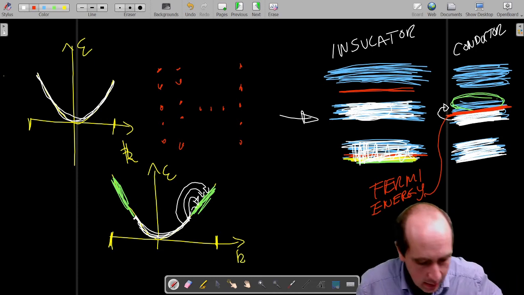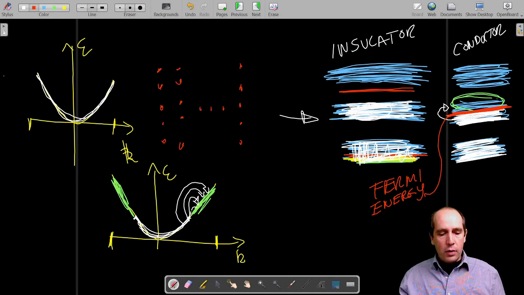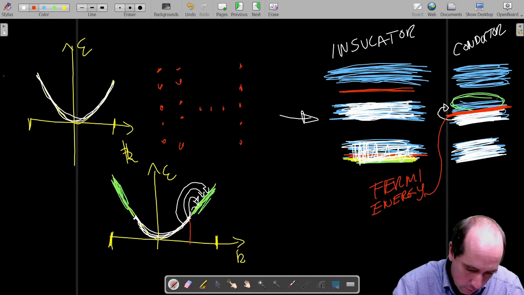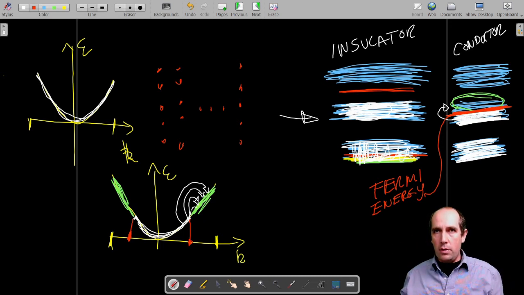Okay, great. In addition to the Fermi energy, we have one other concept. If we go to the K space, for example, we can define now these edges of the occupied area within the Brillouin zone. Okay, within the first Brillouin zone.